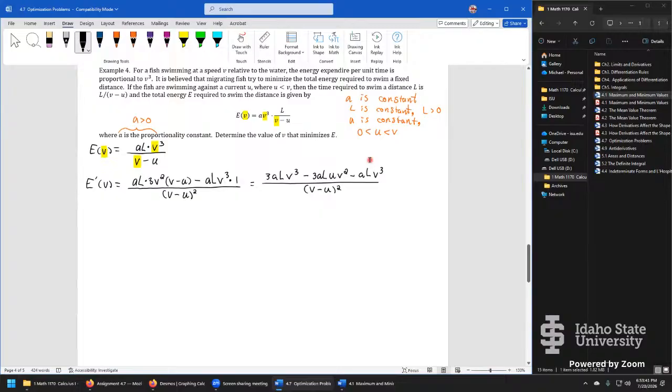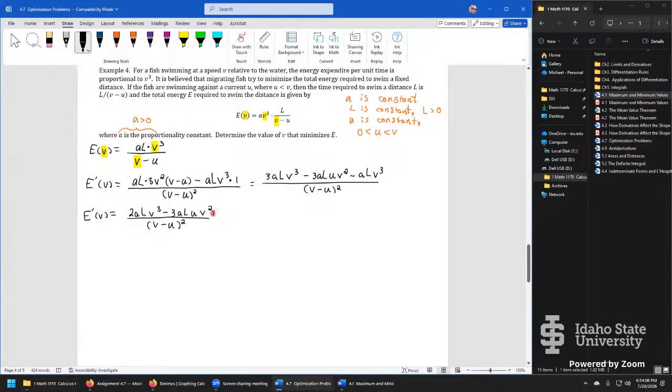We can combine our like terms. So in the next line, E prime of V is 2 A L V cubed minus 3 A L U V squared, all divided by V minus U squared.